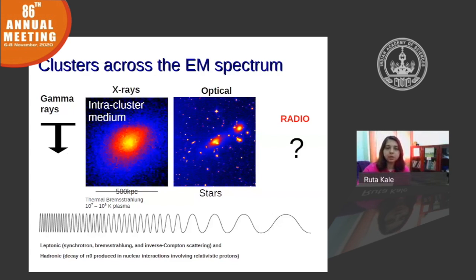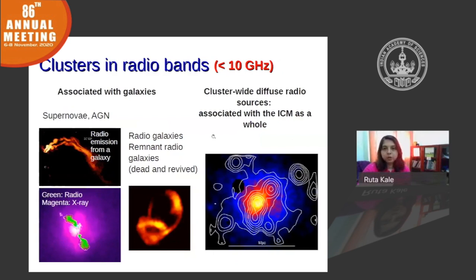And coming to radio bands, the lowest frequencies on this electromagnetic spectrum. In radio bands, I'm talking about less than 10 gigahertz observations.